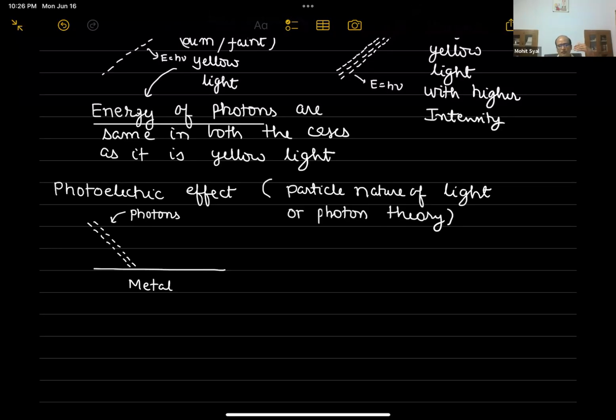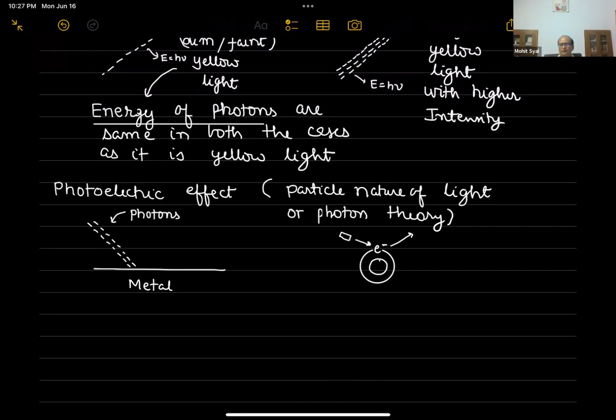These photons are going to strike the electrons on the surface of the metal's atom. These photons hit the electrons on the surface of the metal, and these electrons are knocked out of the surface.